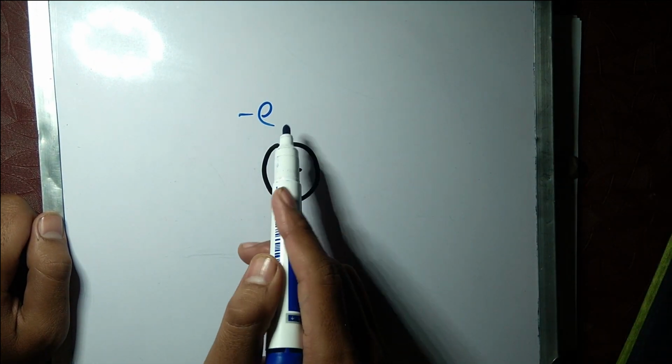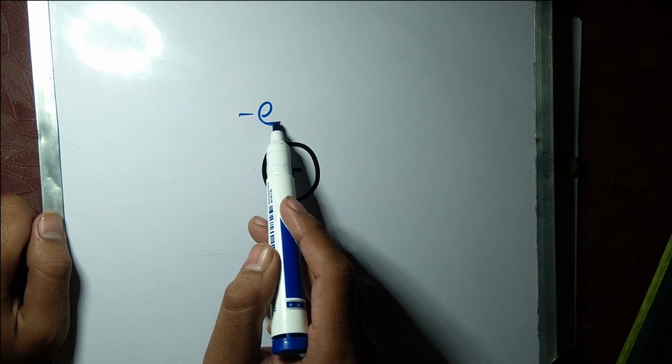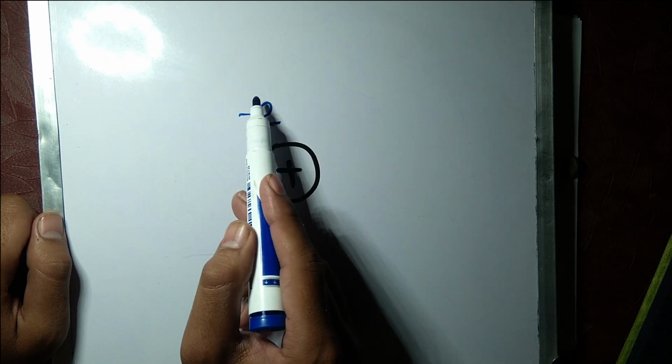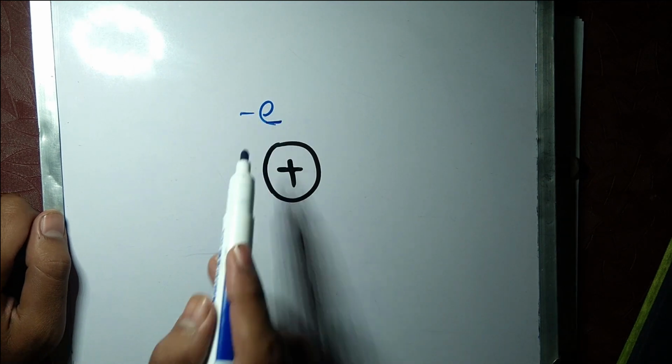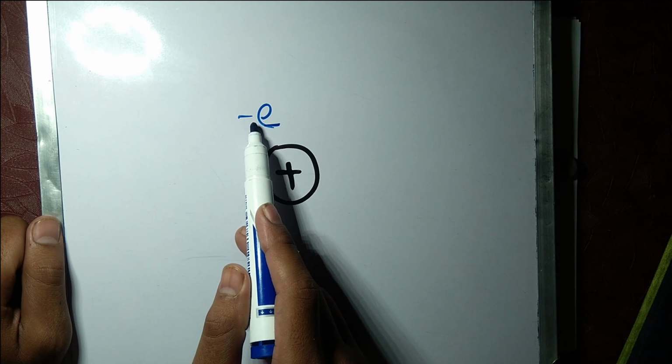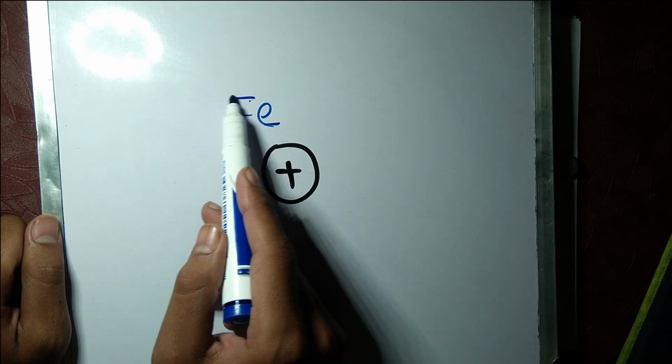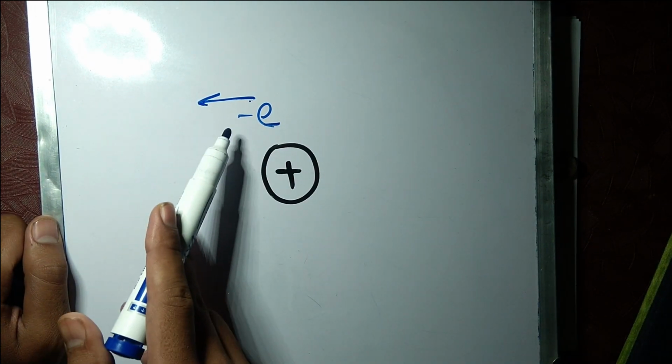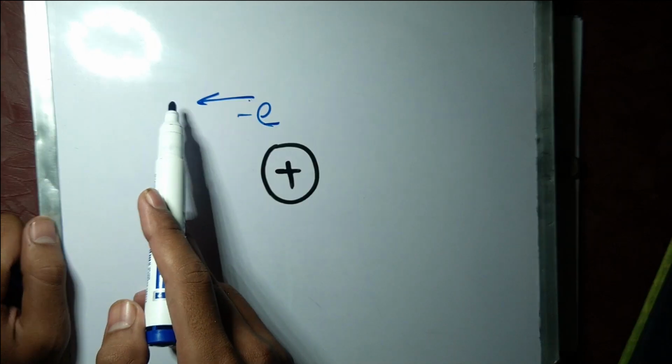and from absorbing that thermal energy, it gets excited. It wants to move. Now it has some thermal energy. It wants to be delocalized from here, it wants to move in this way.